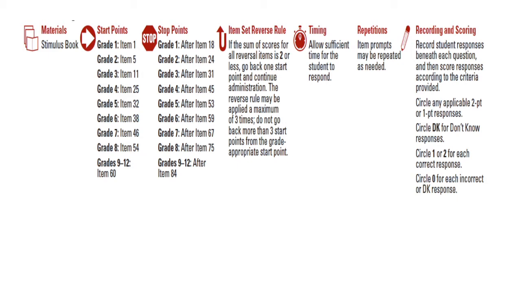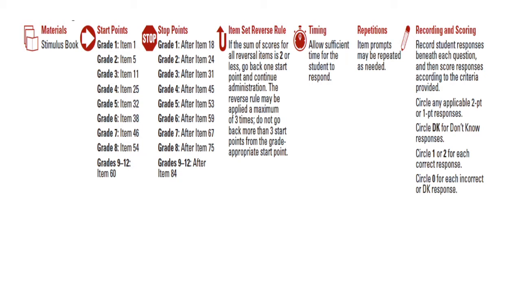And so then we're going to start administering the items before the start point in reverse order until the students get 3 in a row. Okay, we're going to revisit that with some examples in a little bit, but some subtests have reverse rules that are specific to that subtest and don't follow the standard reverse rule. So you'll just need to check for the subtest that you're administering, what is the reverse rule?